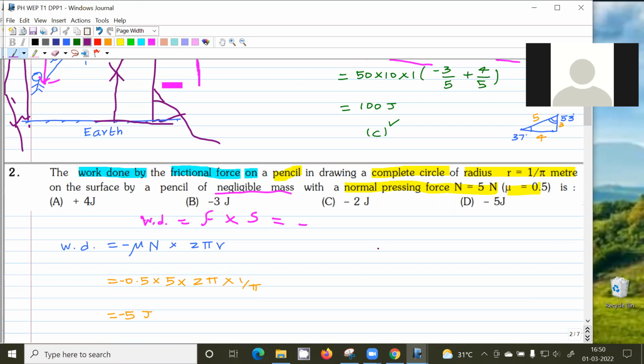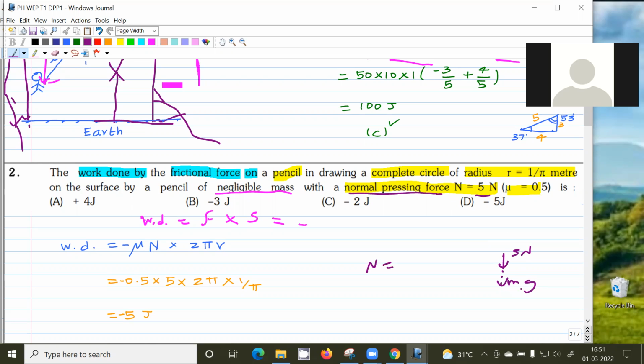See, the friction force is mu times the normal reaction, and there is a pressing force of 5 Newton. In addition to that, you can have some mass, right? mg is what's acting downward. This 5 Newton is the applied force.